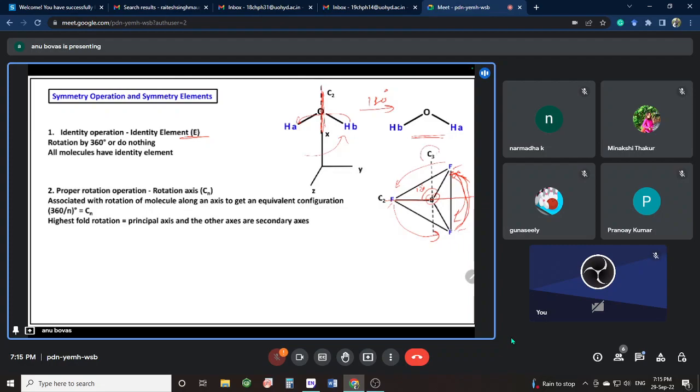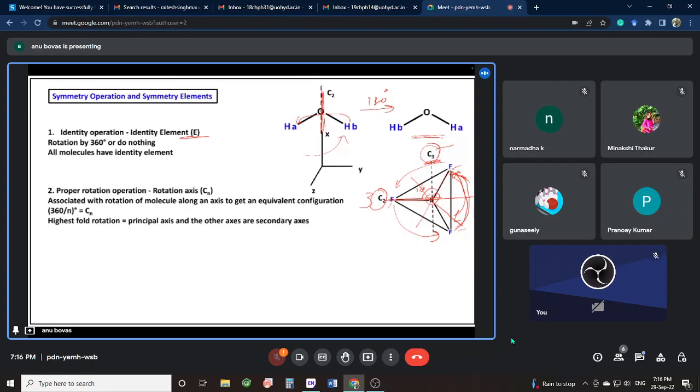So this has one C3, and a C2 along each BF: 1 BF, 2 BF, 3 BF. Along each BF, we will have a C2 axis. So this has one C3 axis and three C2 axes. The highest fold rotation axis, in this case C3, is called the principal axis, and the other axes are called secondary axes.